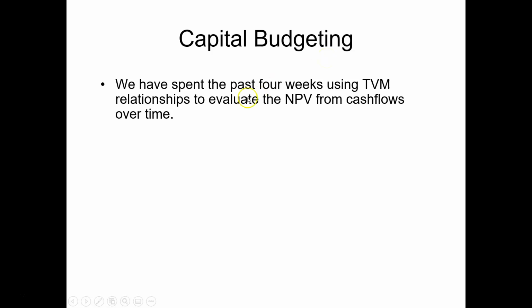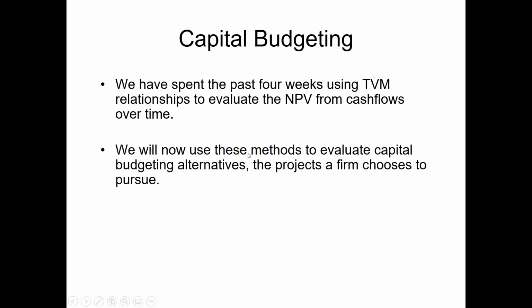And in previous lectures, we introduced how to calculate the time value of money to calculate the net present value from cash flows over time. And for this lecture, we will use this method to evaluate the different opportunities or different alternatives in these capital budgeting decisions.